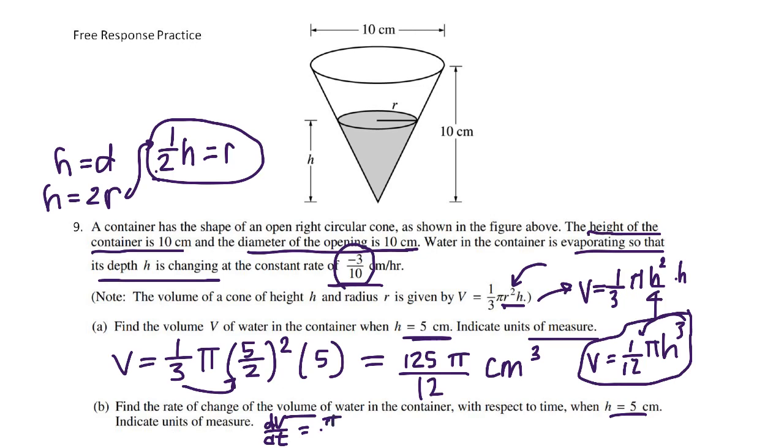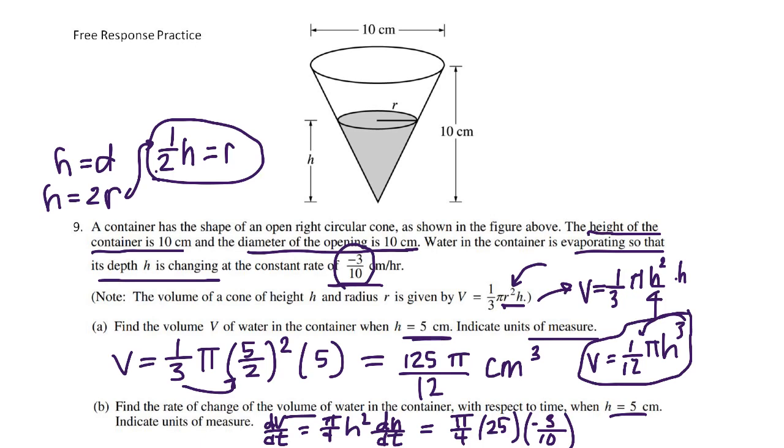So we've got pi over 4, or 1/4 pi, h squared times dh dt. So now I can plug in. So I have pi over 4 times our height, which is given to us, so that's going to be 25, times the rate of change of our height, which is -3/10 centimeters per hour. So that's going to be our rate of change of our volume.